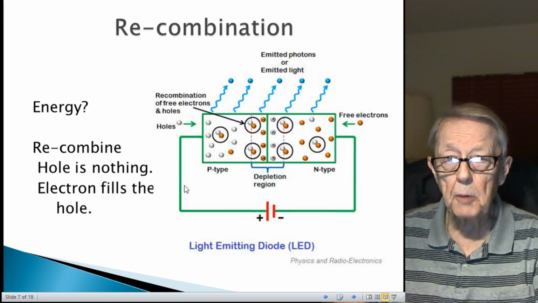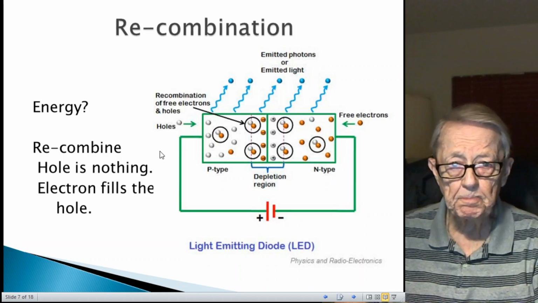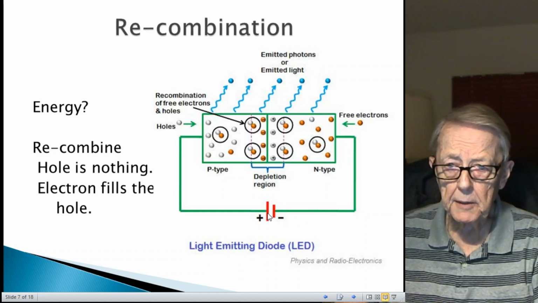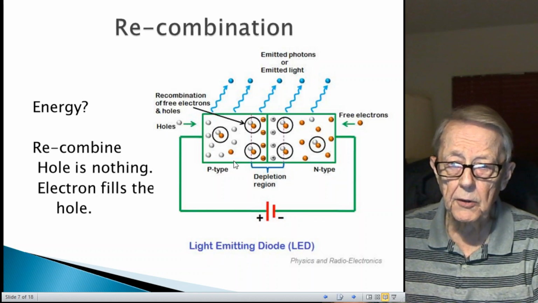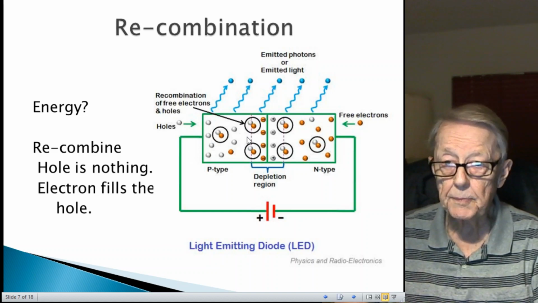Okay, so let's talk about recombination. I was kind of surprised at that one just recently when I read it. But let's look at the diagram. This is a light emitting diode with the positive end of the battery tied to the p-type, and the p-type is doped one way, and it pushes holes.